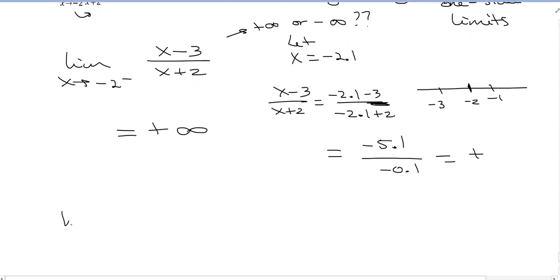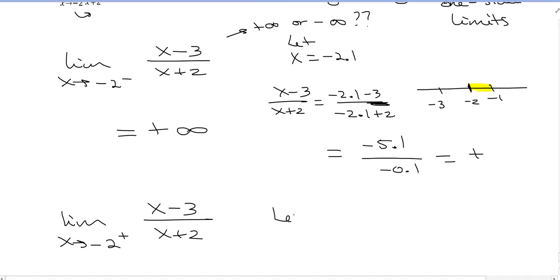And so now, I know I'm doing it slightly differently than I did with the other one. I used a chart for the different example. Here I'm doing the one-sided limits one at a time. So as x goes to -2 from the right, you're bigger than -2, so you're over here between -2 and -1.